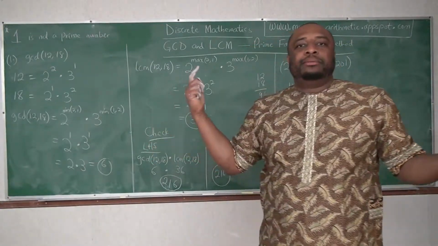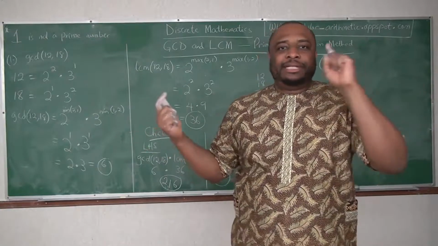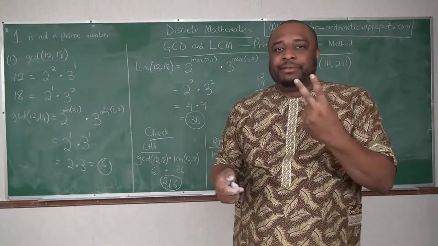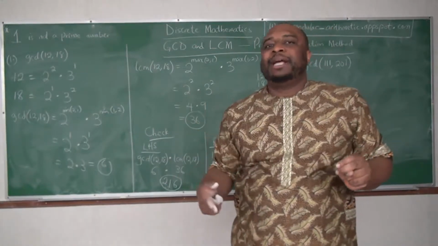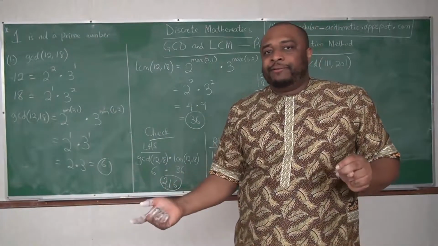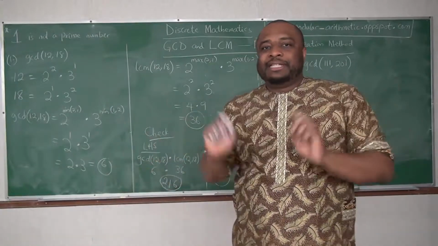Like 11, now: 11 divided by 11 is 1, 11 divided by 1 is 11. If there's any other number that divides 11, like 11 divided by 2, it's going to give you 5.5, that's a remainder. So 11 is a prime number.